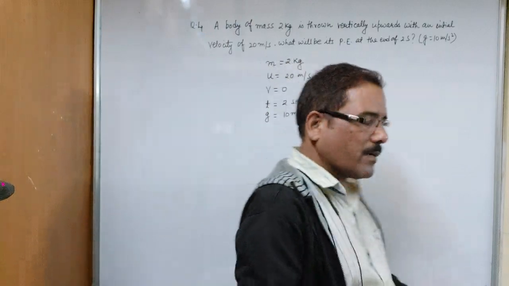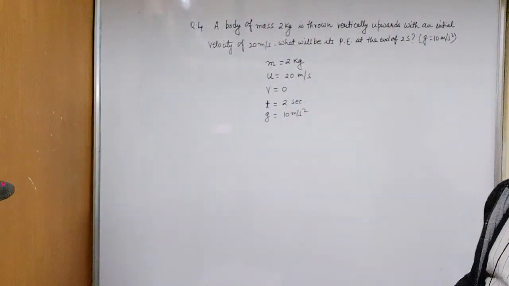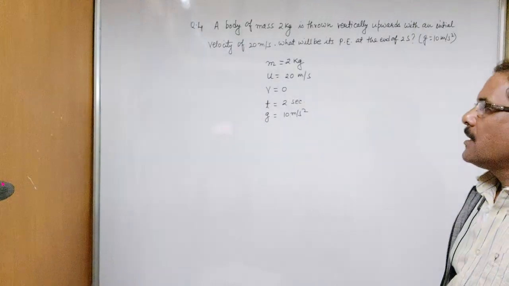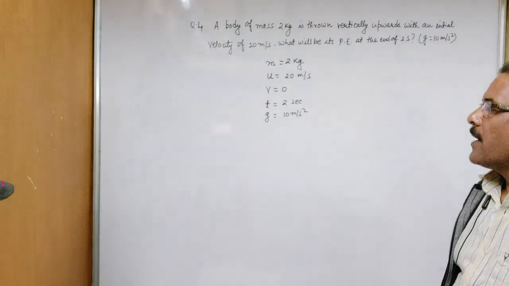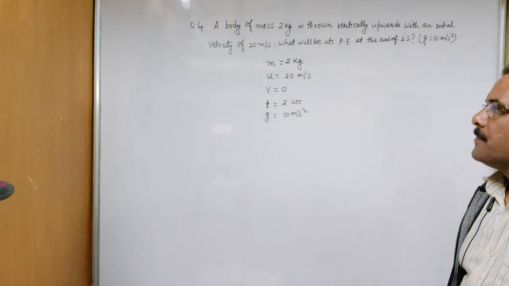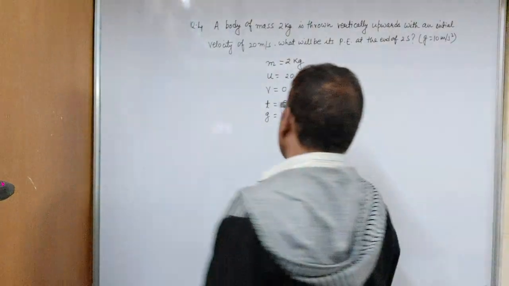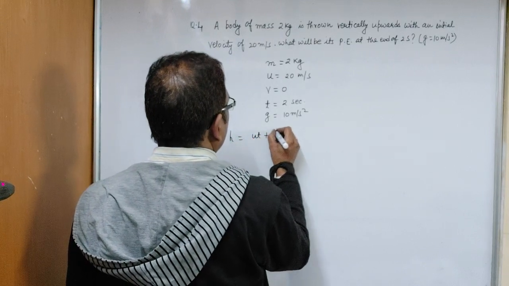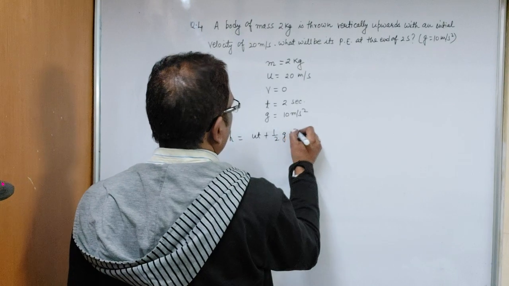So first thing, which equation of motion will you apply to calculate its height? Time is given, so you can use the second equation of motion. The second equation of motion, h is equal to ut plus half gt square.